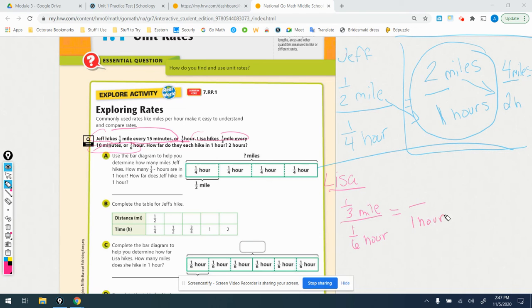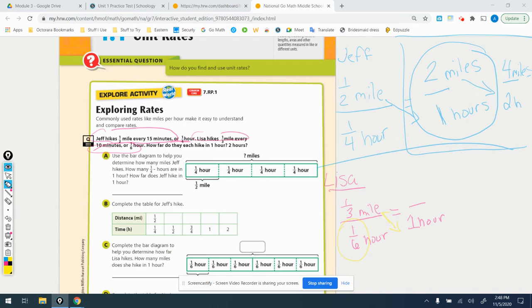I line up my labels, so I have my 1 hour here. I'm going to use that cross multiply and divide. So if I cross multiply, I have 1/3 times 1, and then I would divide by my 1/6.